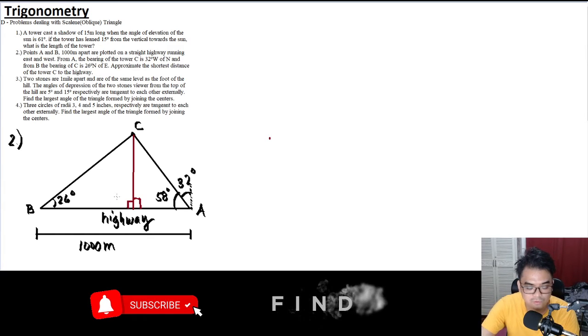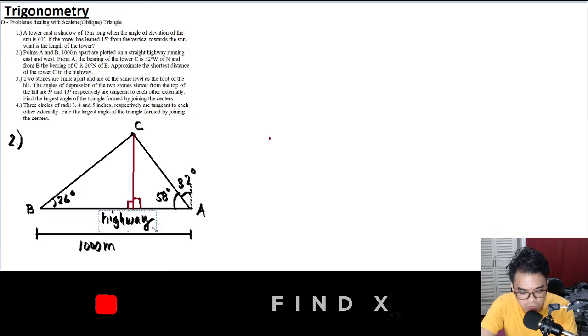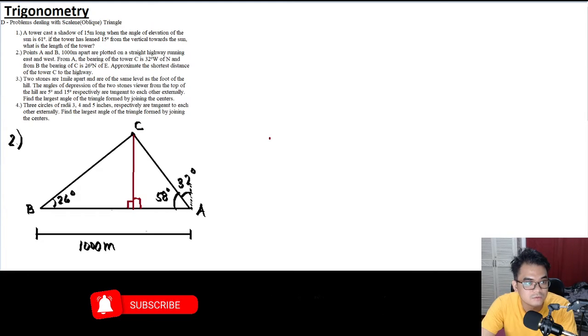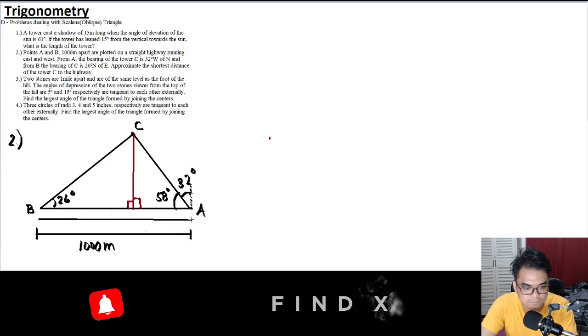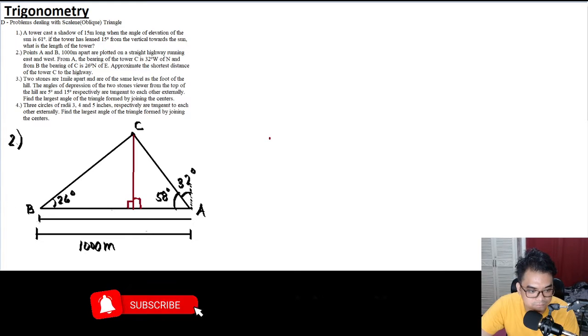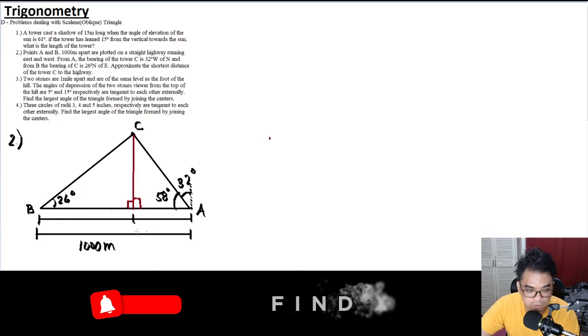And then we can also say, I'll just delete the word highway here because it's no longer needed. We can also say that we'll just introduce a new variable.